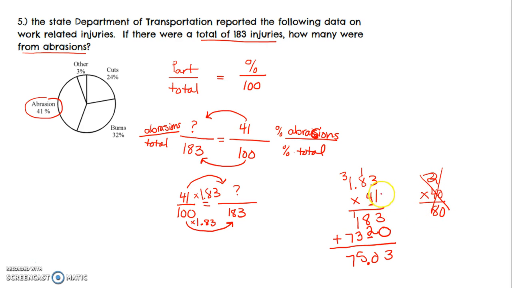It's 75. Or you just remember 2 places over for the decimal point and the final answer 2 places over. But for me, I always estimate. So I'd say about 75 injuries came from abrasions. About 75 injuries were abrasions.